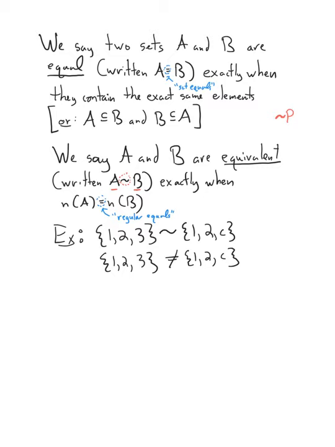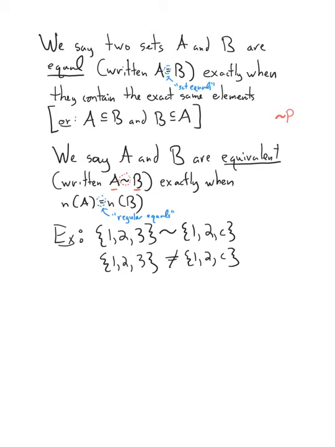Back to our example. Here are two sets. 1, 2, 3 is the first set. 1, 2, C is the second set. Well, the number of elements in each, they each have 3 elements. 1, 2, 3, 1, 2, 3. So, since they have the same number of elements, these sets are equivalent.